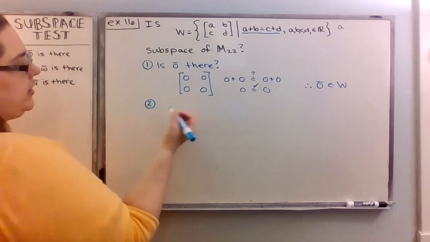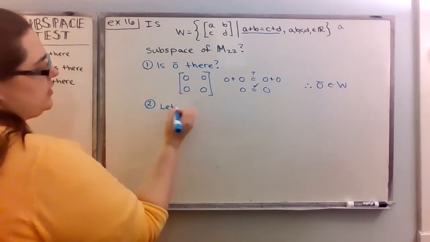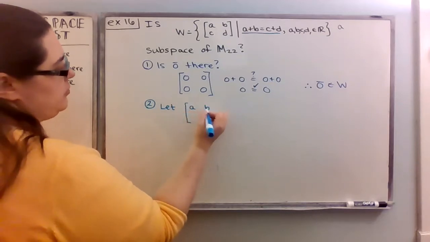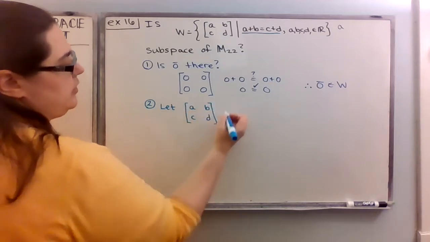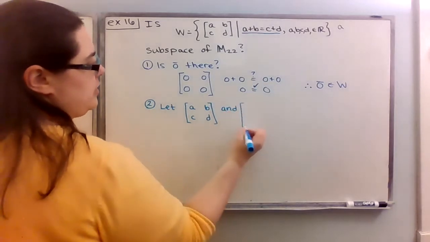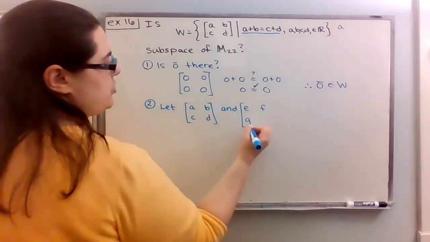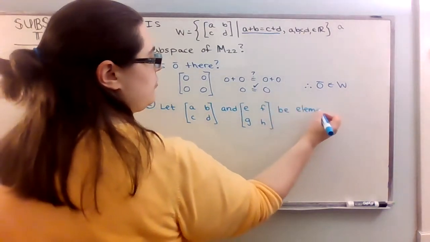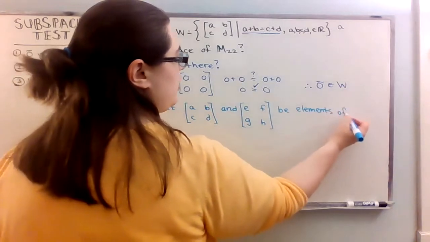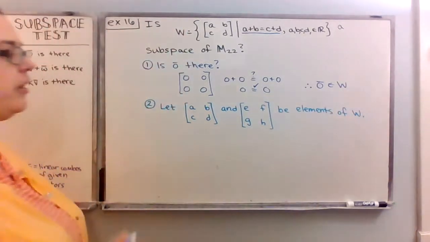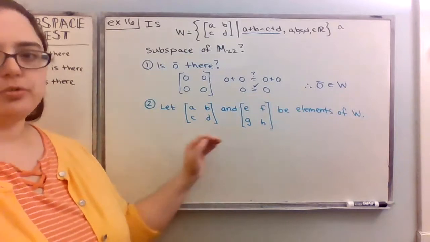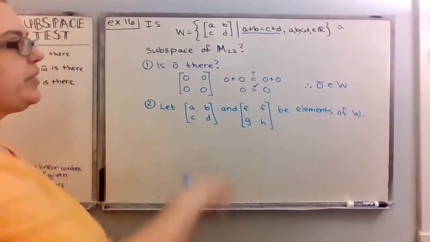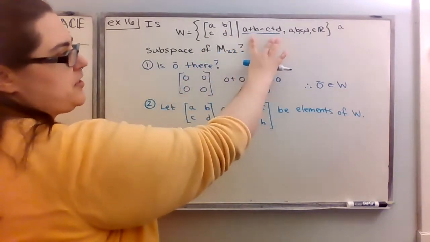So let A, B, C, D and E, F, G, H be elements of W. So we've got these two 2x2 matrices, and we're going to say, let's let those be elements of W. So what it means to be an element of W is you have to satisfy this condition.